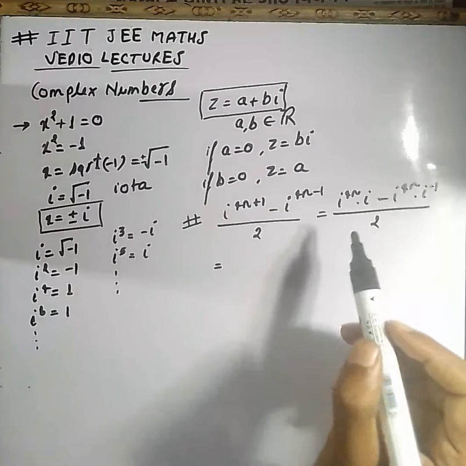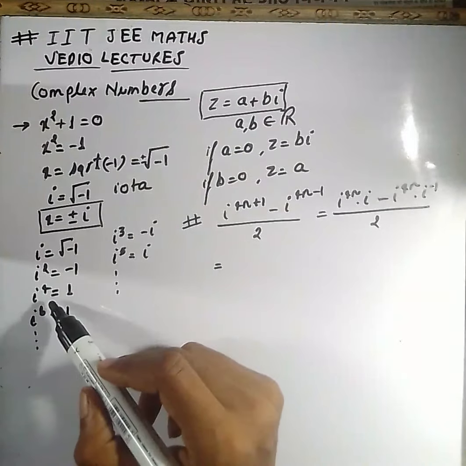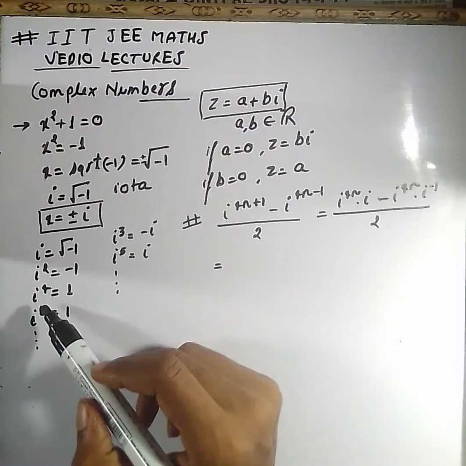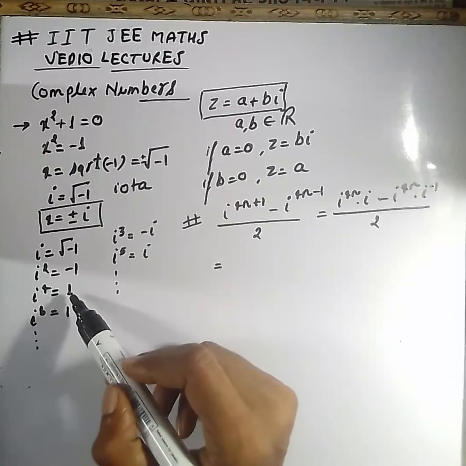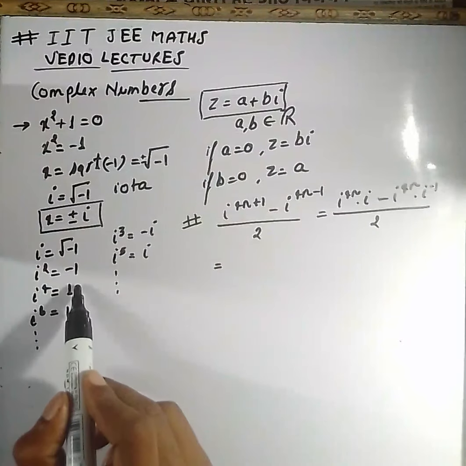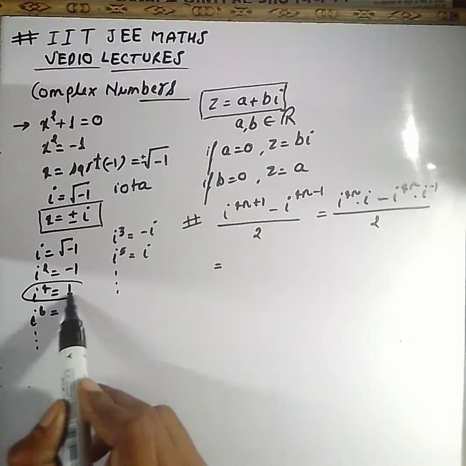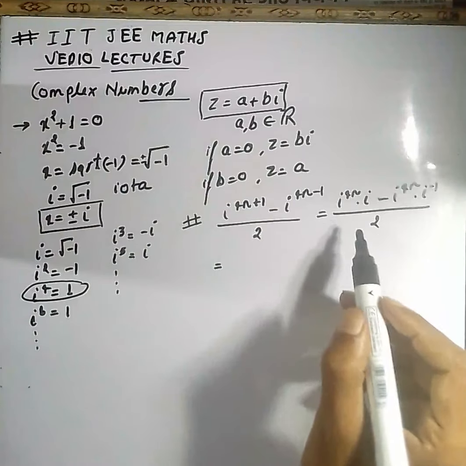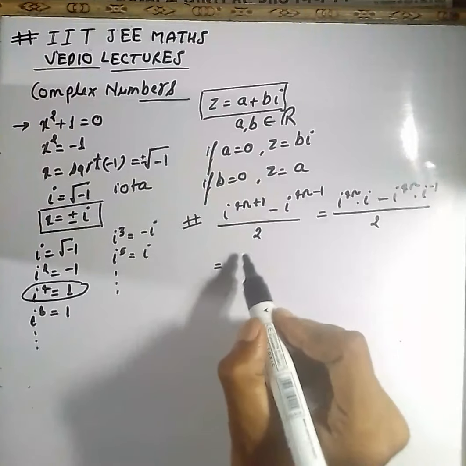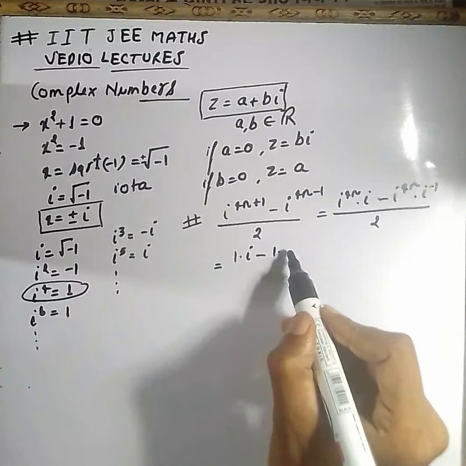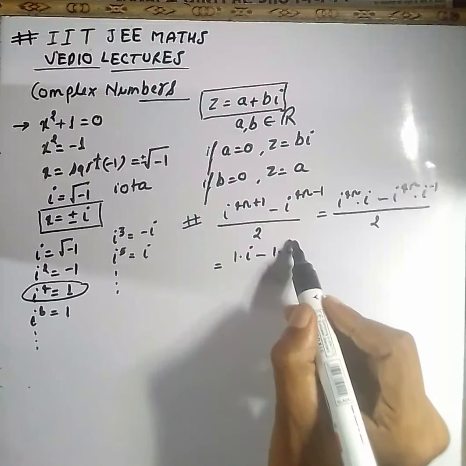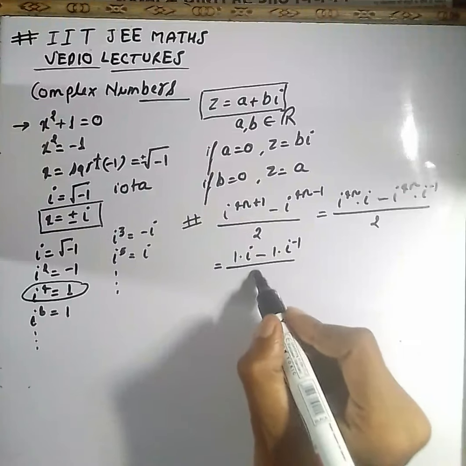As we know, i to the power 4 equals to 1, so we choose this value and use here. So 1 into i minus 1 into i to the power minus 1, upon 2.